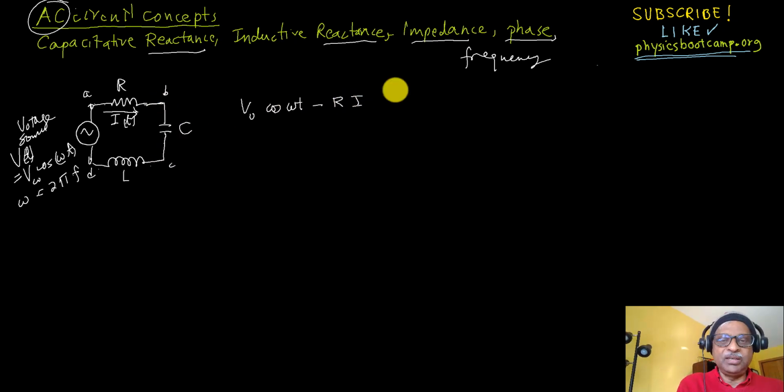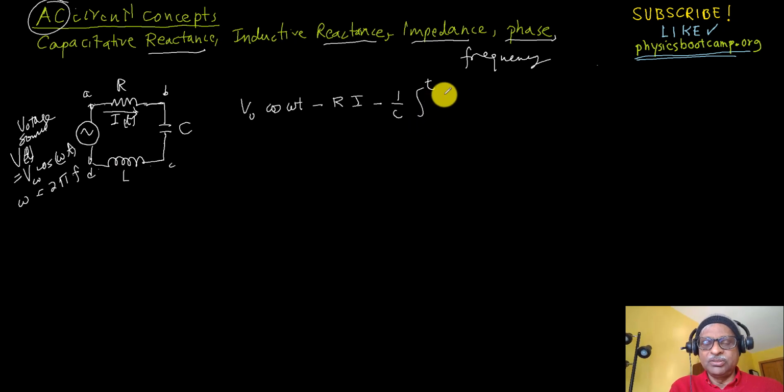Going from here to here, I get a minus 1 over C times the integral. Let's suppose the circuit was turned on at time 0, so the integral is from 0 to t of whatever the current was, I dt prime.